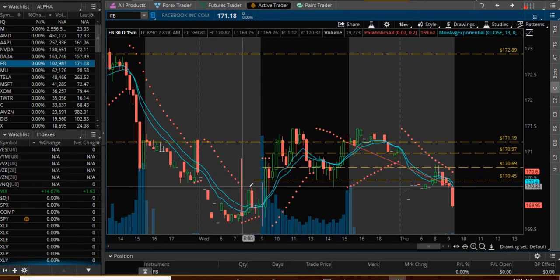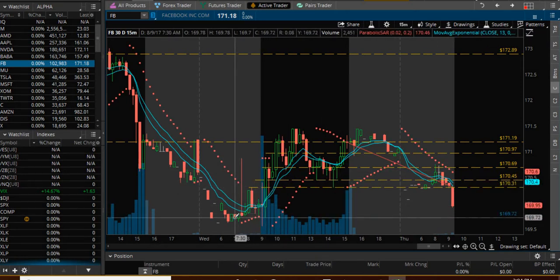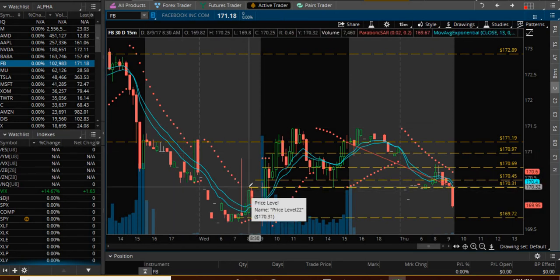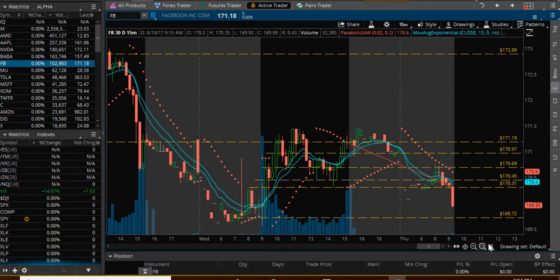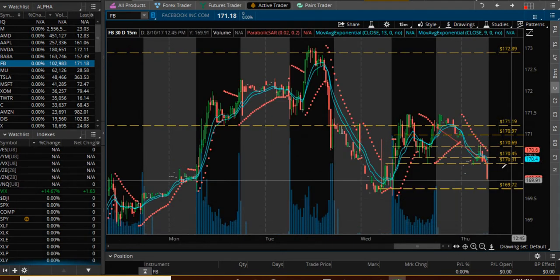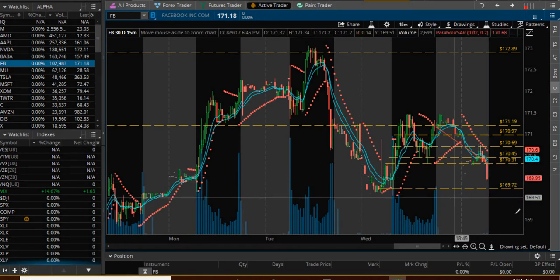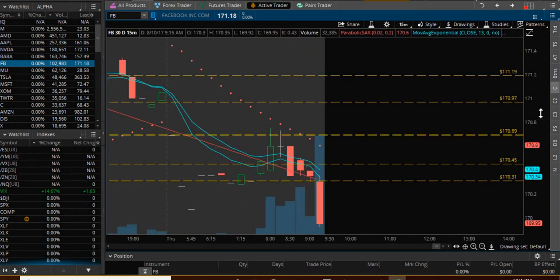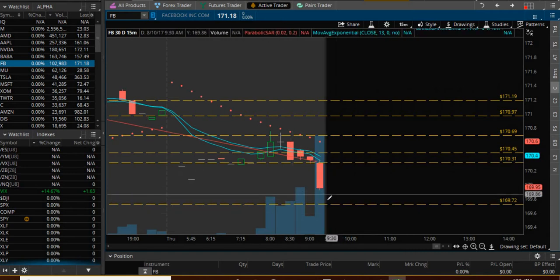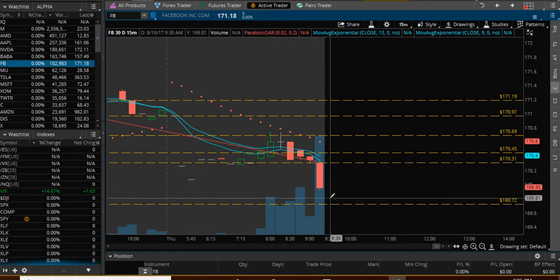Now, when you're marking your levels, right? These levels are like targets. Now, if we get a break to the downside, okay, if we open up and we get a break to the downside, our target should be the next support level, right?